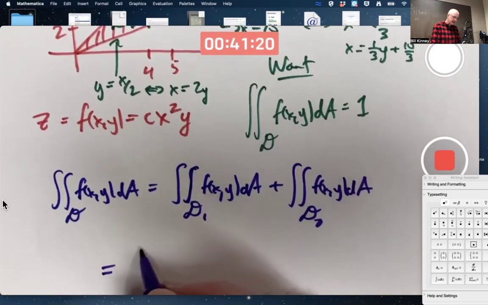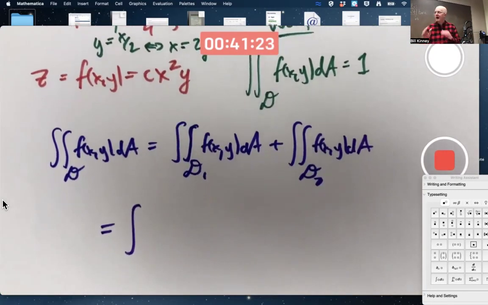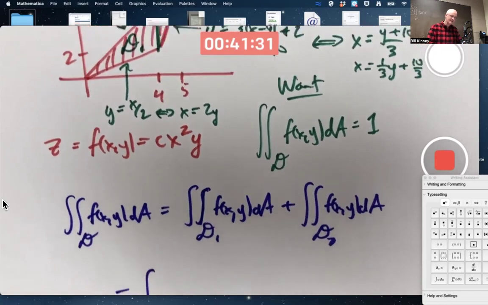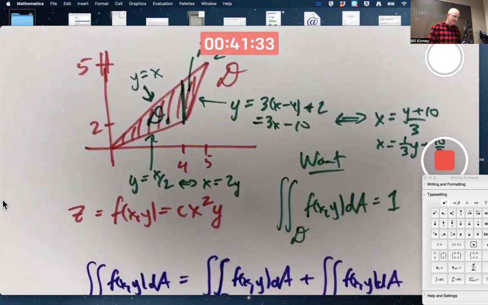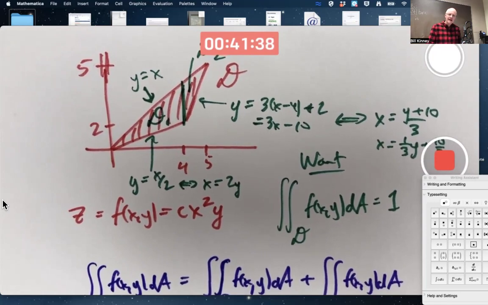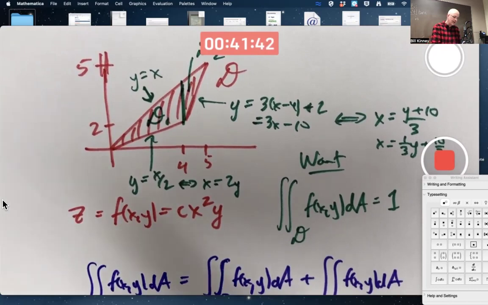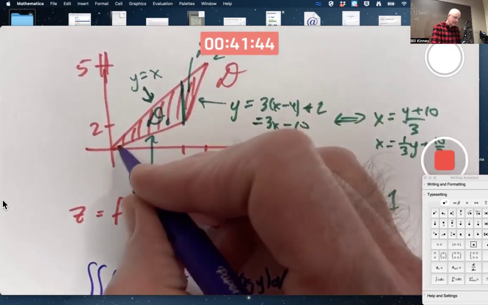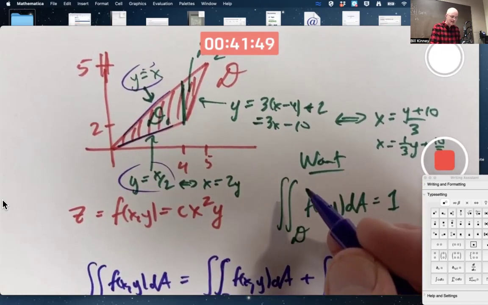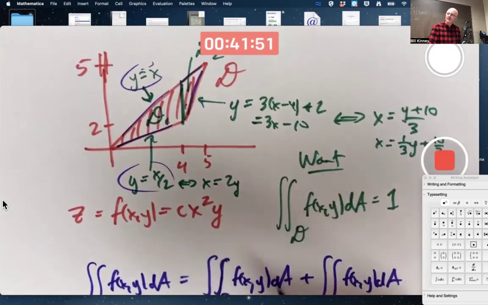Let's now do each of those integrals as an iterated integral, and I won't bother writing parentheses. Is it going to be easier to do dx dy or dy dx? If I break it up like this, it's best to actually do dy dx. When you've got the region as being between two functions of x, in both cases, it's best to do dy dx.